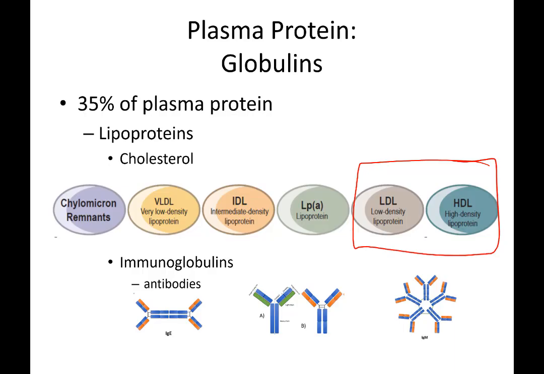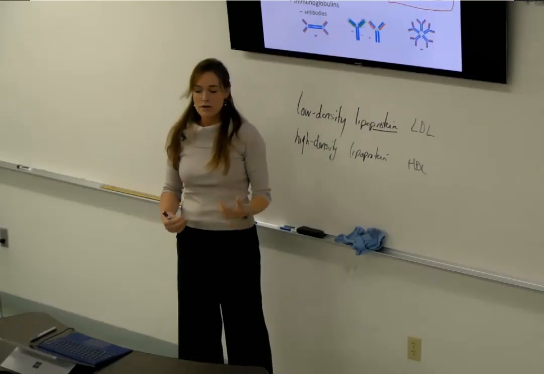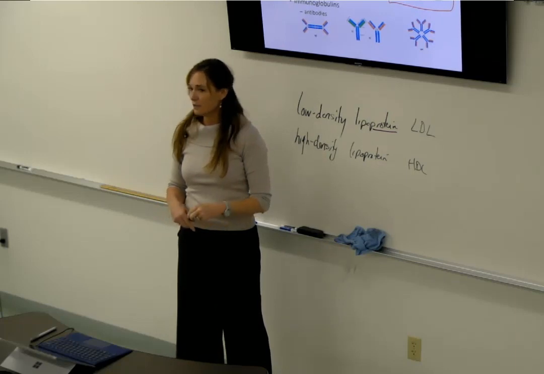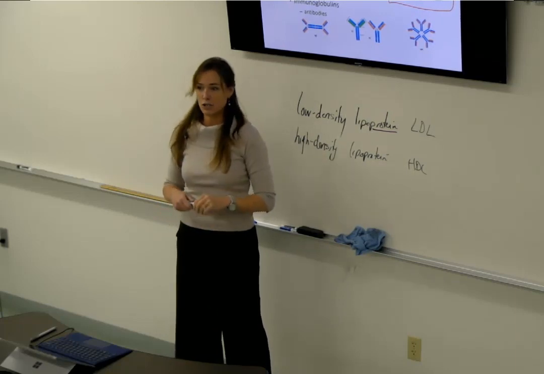The other thing that falls into the globulin category are immunoglobulins. These guys are antibodies, and antibodies can be any of these shapes. There's a few other shapes too, but they essentially are like little Y-shaped pitchforks. You're going to get a lot more information about antibodies if you take Paul Evans's class. He'll go into excruciating detail on that.